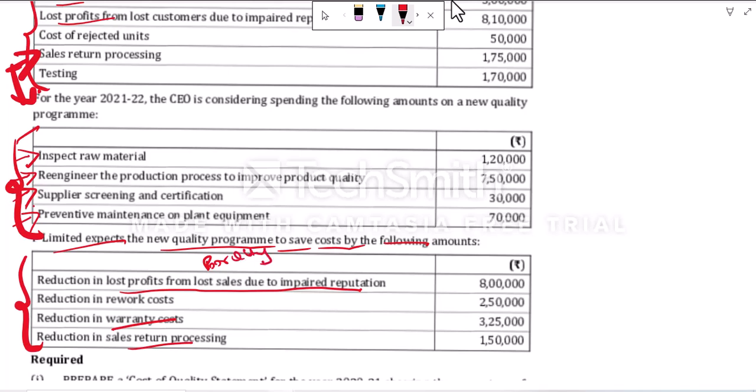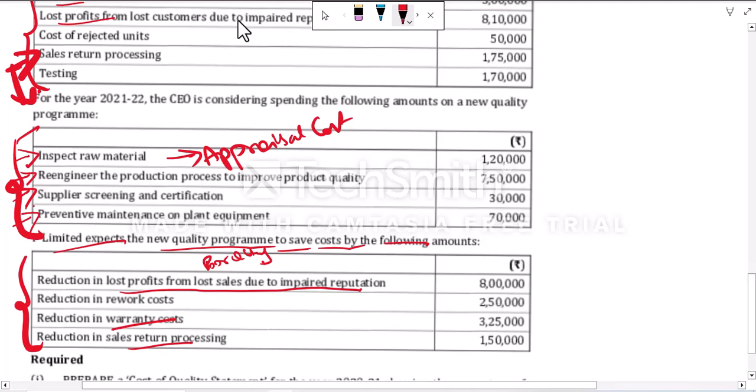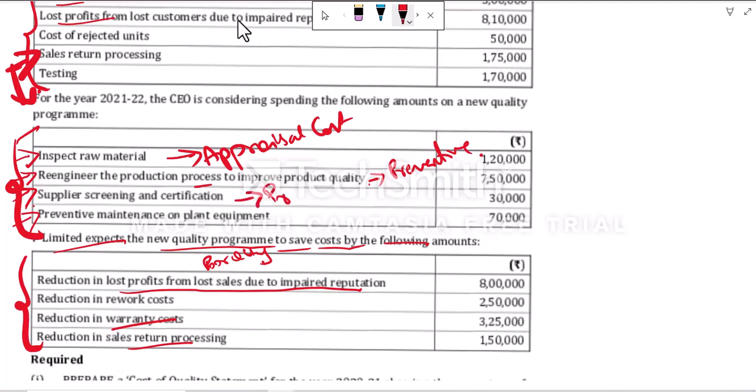And inspection of raw material, what is this? Appraisal cost. Re-engineering the production process means pre-production work, that is preventive cost. Supplier screening is also preventive cost. Preventive maintenance itself is preventive cost.